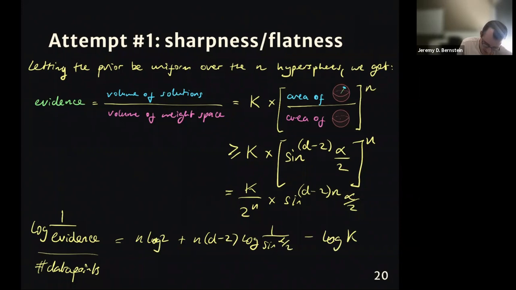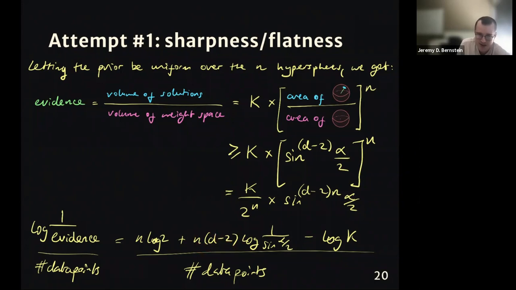And then the PAC-Bayes bound says we divide this by the number of data points. But the thing that I want to point out is that n times d minus 2 is the number of neurons times the fan-in of each neuron, minus 2 because we have 2 constraints. So this is actually the number of degrees of freedom in the network, where n times d is the number of parameters in the network.